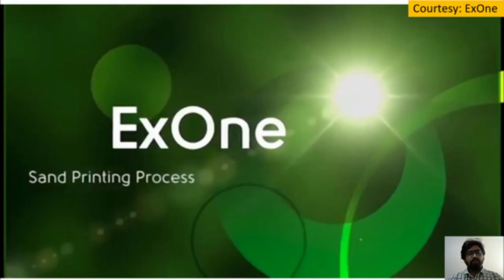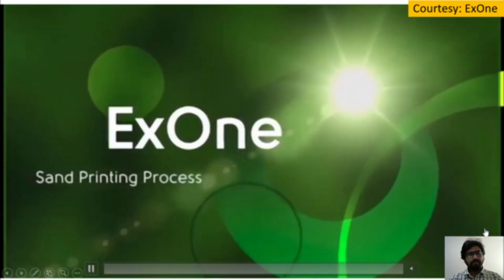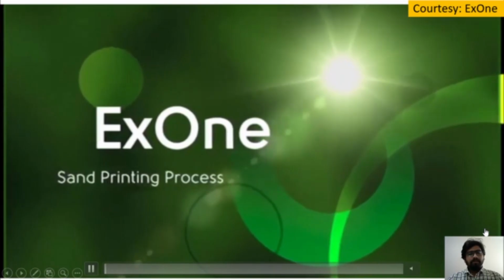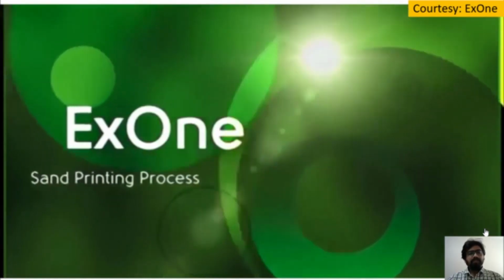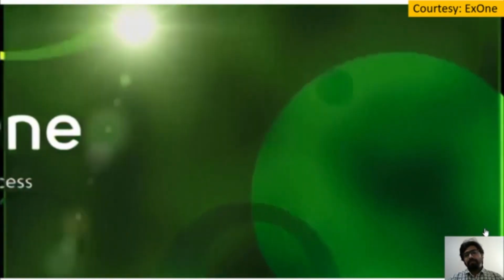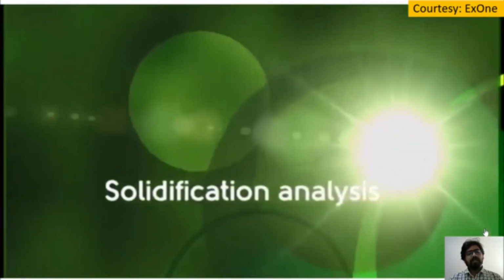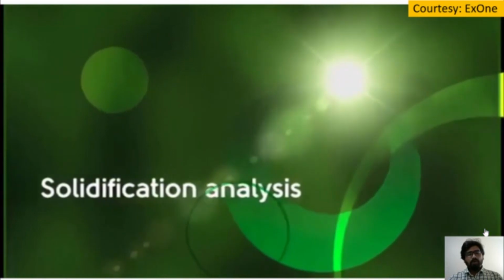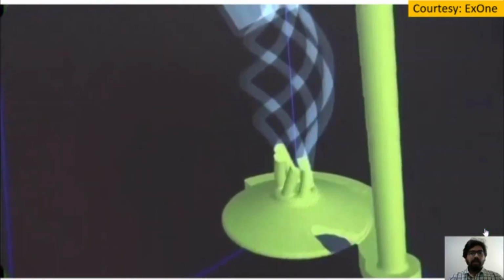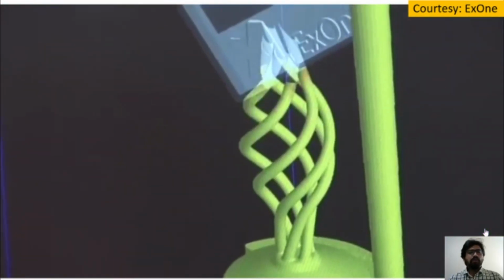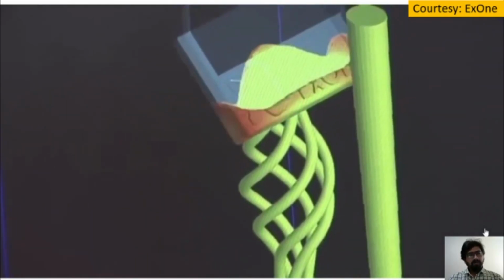So this video will give you an idea of how this process works. The name of the company is X1, and they utilize the process of binder-based powder bed additive manufacturing for fabricating the molds of sand. Conventionally, these molds are built by utilizing a pattern.